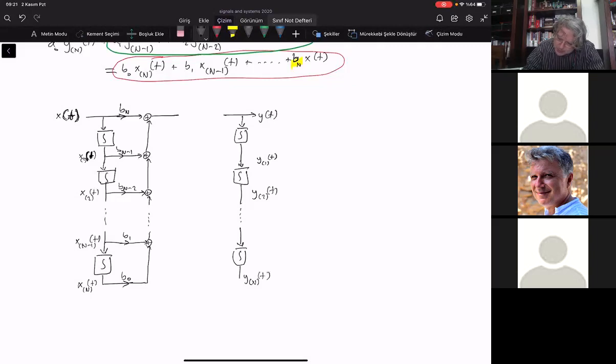So the one before that was y sub n minus 1 of t. Now, I will feed these integration outputs to the left-hand side in a feedback manner, and I will scale them with something.